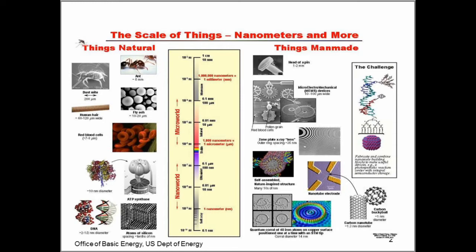By nano, what we mean is everything that is below 100 nanometers, actually between 100 nanometers and 1 nanometer. So the nanoscale is something that has a feature size between 100 nanometers and 1 nanometer or so.